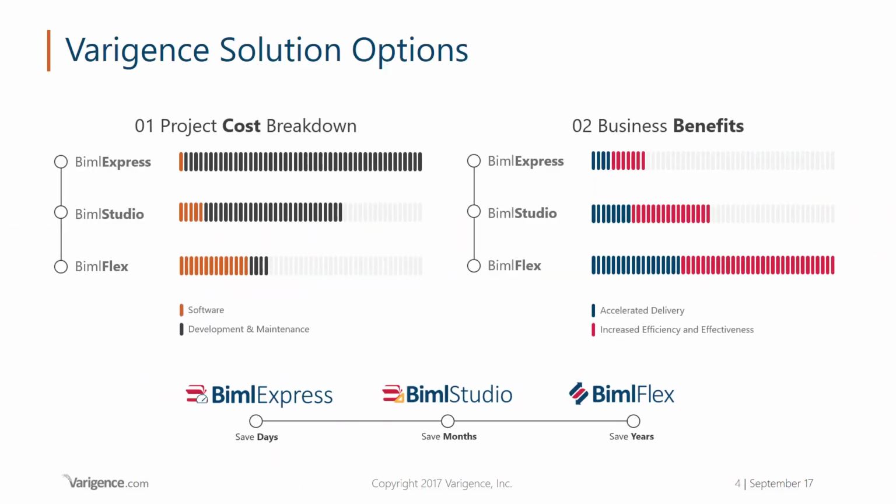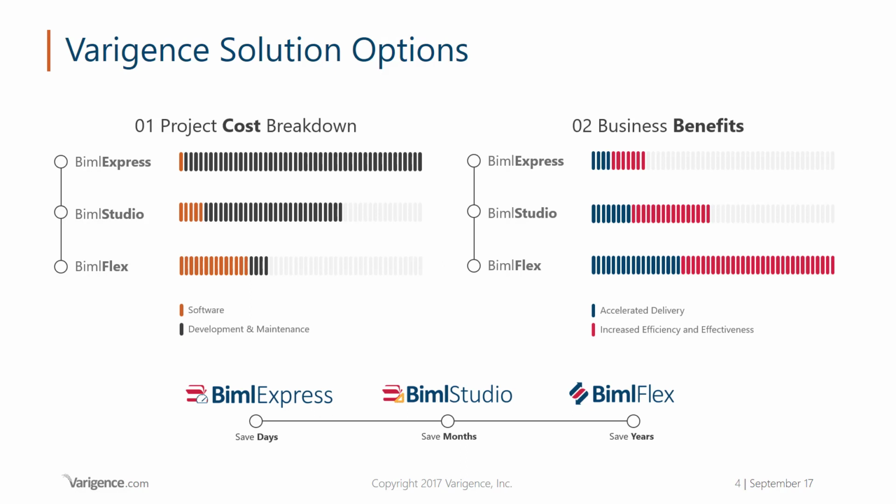Before I start, I just want to briefly touch on the different Varigence solution options we have. We're going to be focusing on BimlFlex, which is a data warehouse automation framework and full solution built by Varigence using Biml Studio and Biml and all of the most advanced features of the Biml suite. What I'm going to show you today is you can absolutely achieve the result using BimlExpress, which is our free tool.